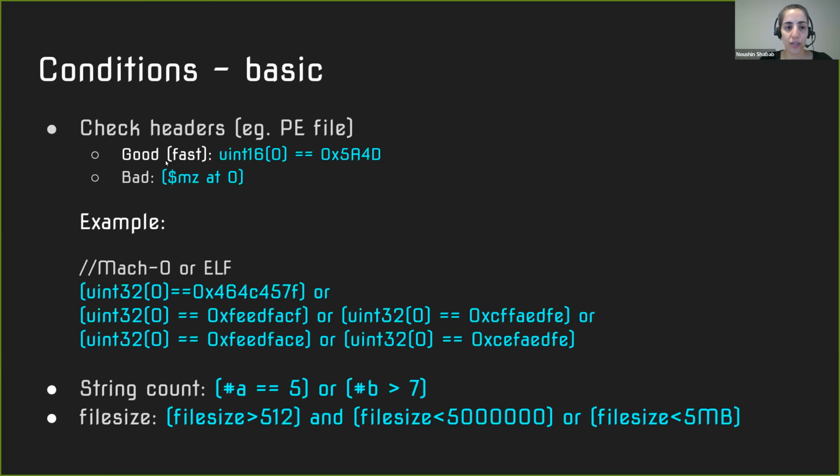So there are two ways to look for, for example, the magic value of MZ at the beginning of the PE file. You can either use uint16 offset 0, the hexadecimal value 0x584d, or you can define a string with the MZ characters, and then in the condition you can ask for MZ to be found at offset 0.